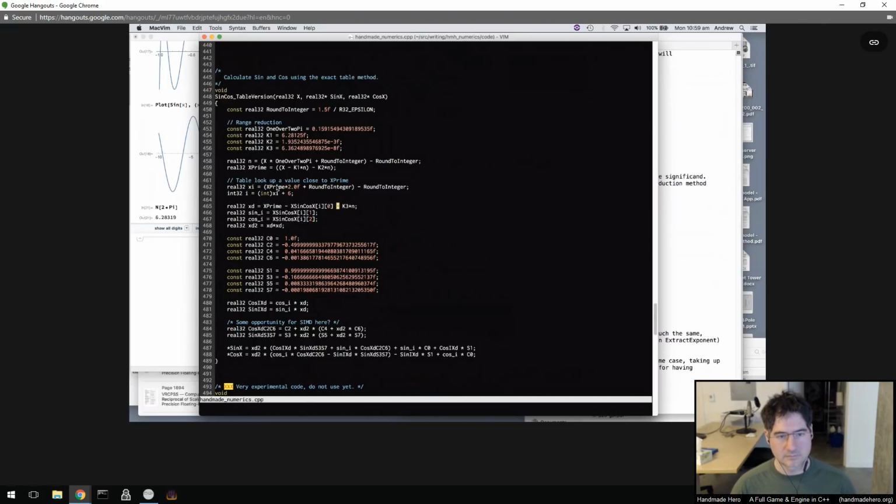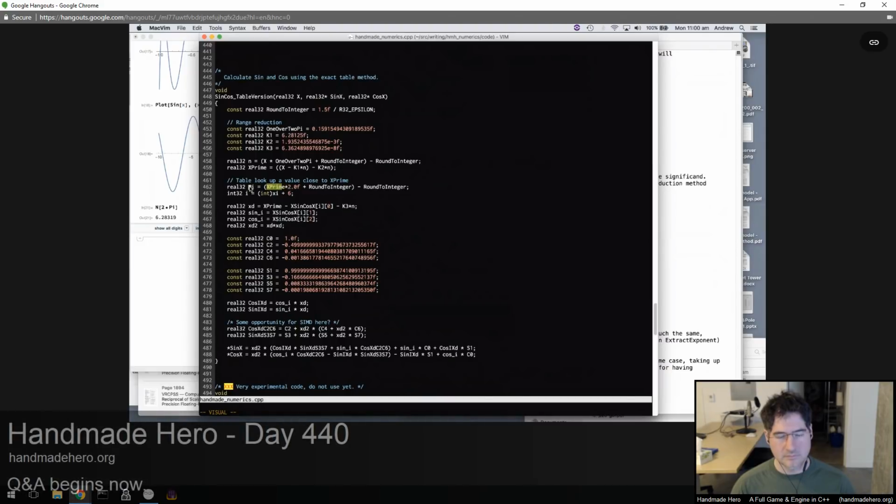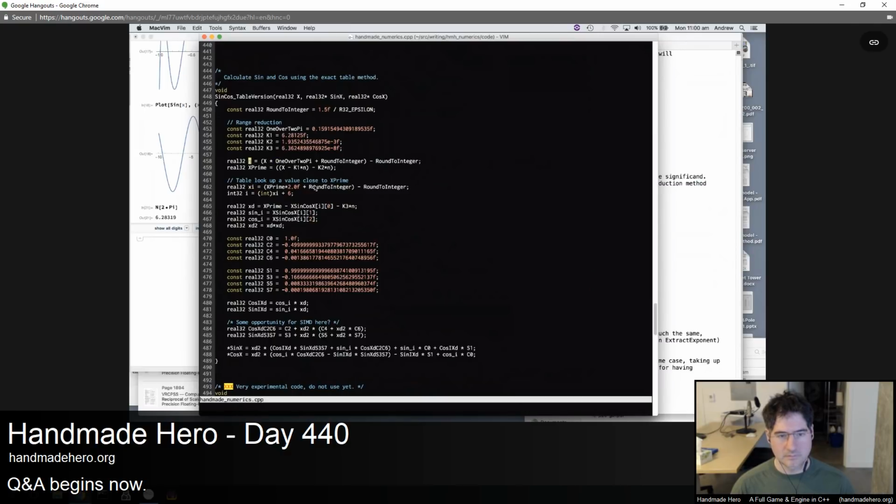Okay, so this is the table lookup part, which we'll talk about in a minute, because this is the other thing about this code. So this basically does that, rounding it to an integer here, and then we can use this n, where n is a floating point number, and we don't have to convert to an integer and back again.